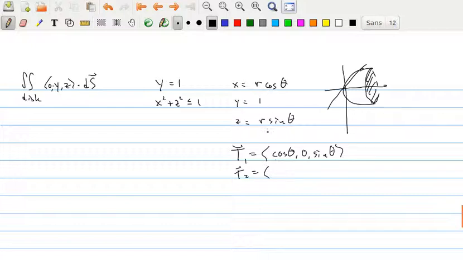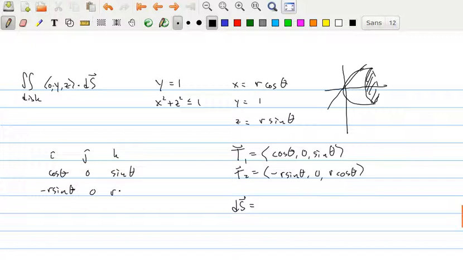So the three partials with respect to theta are negative r sine theta, 0, and r cosine theta. So then ds is then the cross product of these two. So if we expand that out, our top row i, j, k, the middle row cosine, 0, sine, and then the bottom row minus r sine theta, 0, and r cosine theta.